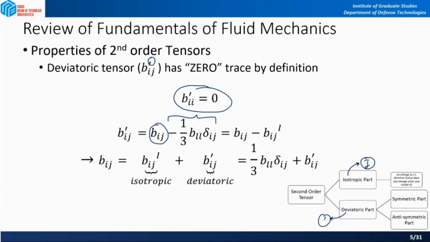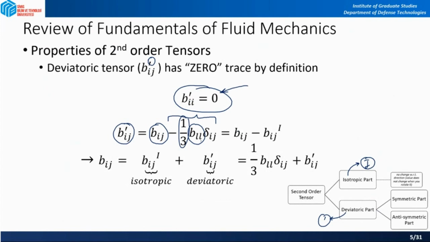You have the original matrix Bij, and you add up the diagonals in Bll, and you take 1/3 of that, and then you subtract it from each component of the original matrix, and you obtain a new matrix which is called deviatoric tensor matrix. And if you add up the diagonals of this matrix, by definition, you should get 0.